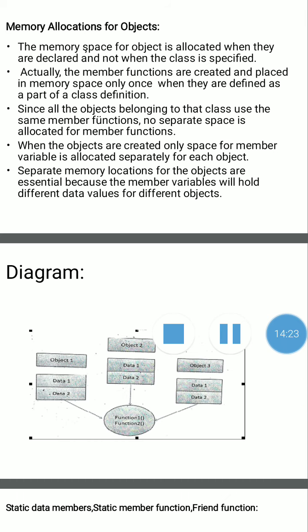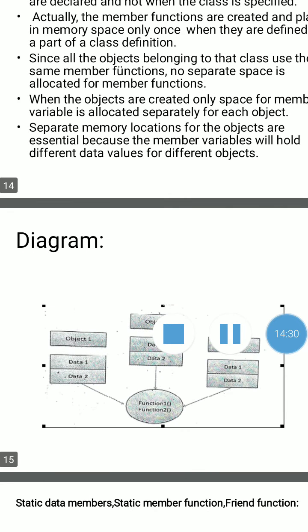This means separate memory is created for data members, but common memory is created for functions. In the previous example, the functions are get data and display. Those functions operate similarly; the same operation is performed for all three objects. For object 1, get data performs the same operation.